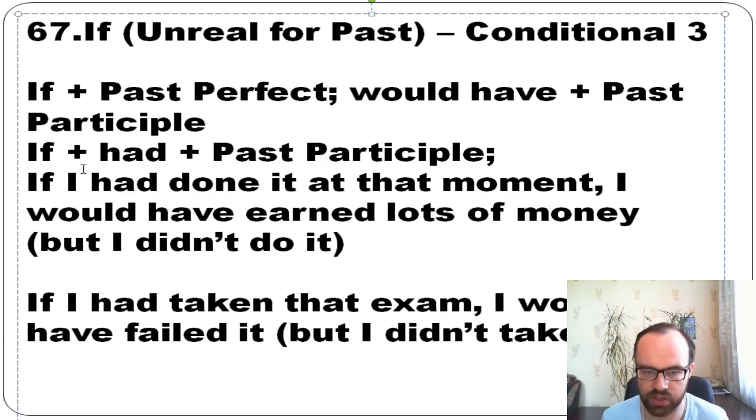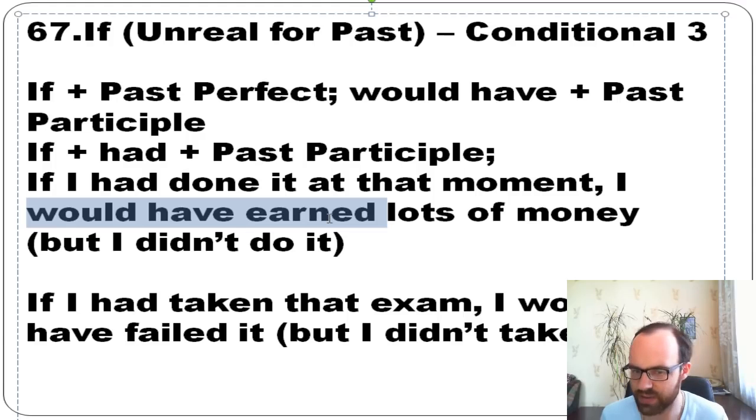For example, if I had done it at that moment, but it's in my imagination, I didn't do it in reality. If I had done it at the moment, then you use would have, I would have, and past participle. I would have earned lots of money. But in fact, I didn't earn this money because I didn't do it.